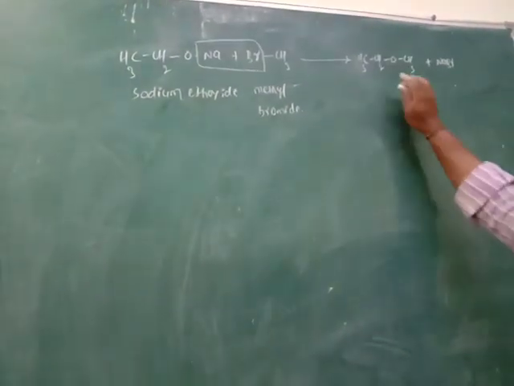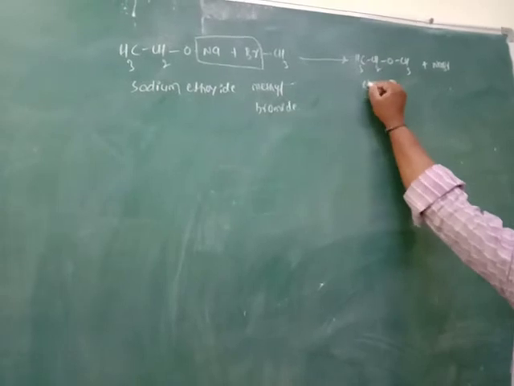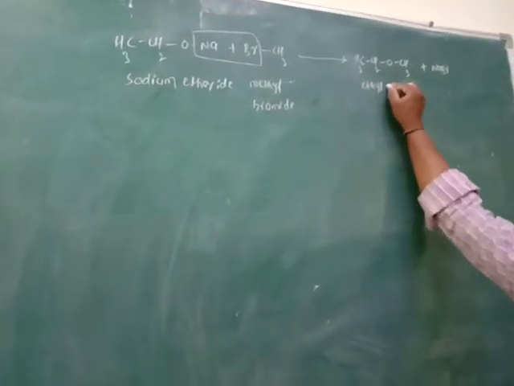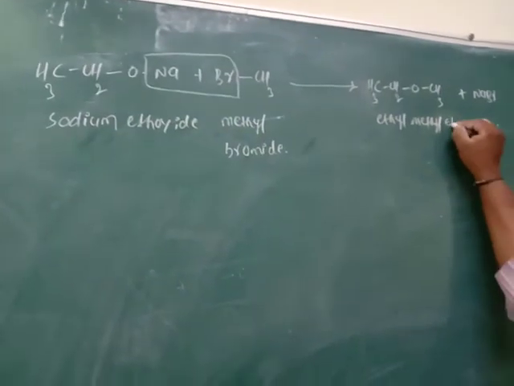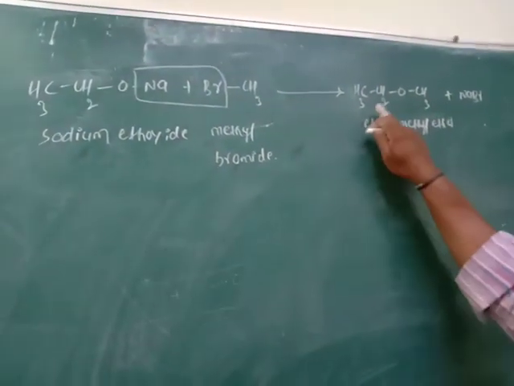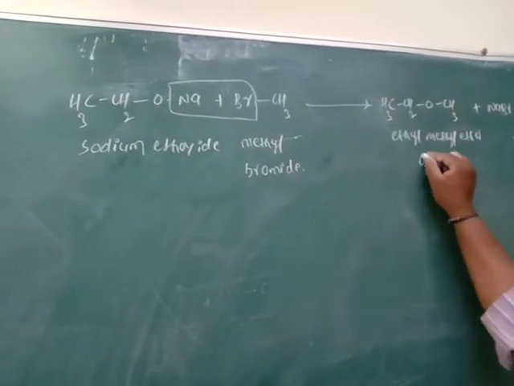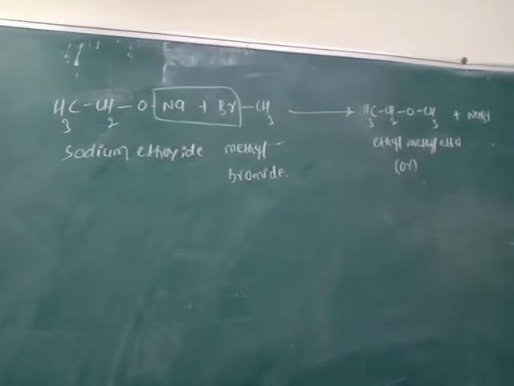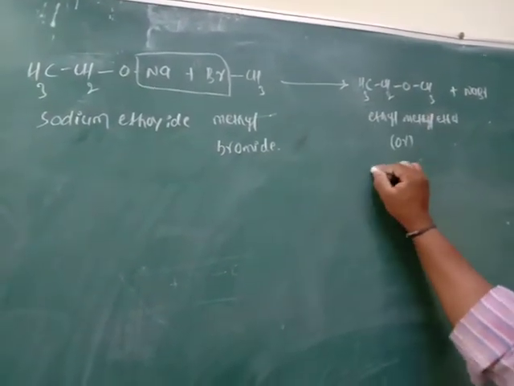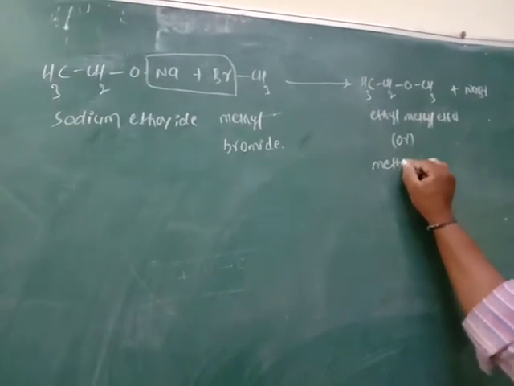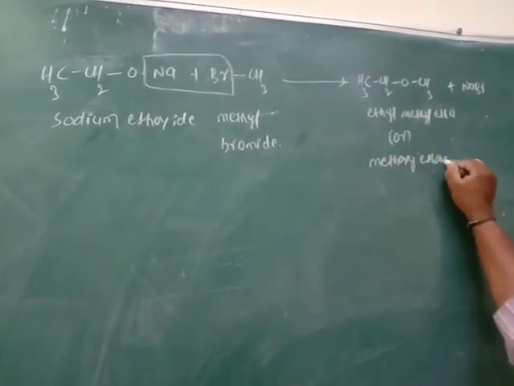It is ethyl methyl ether. CH2CH3 is ethyl, and the other is methyl. Its IUPAC name is methoxyethane, where the smaller alkyl group is the methoxy and the bulky alkyl group is the ethane.